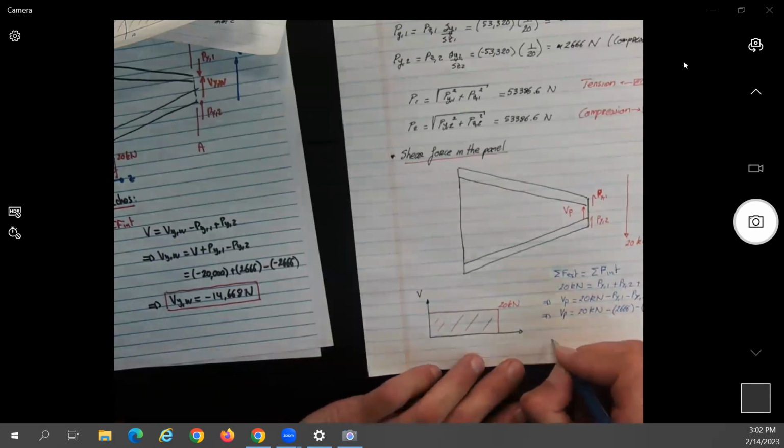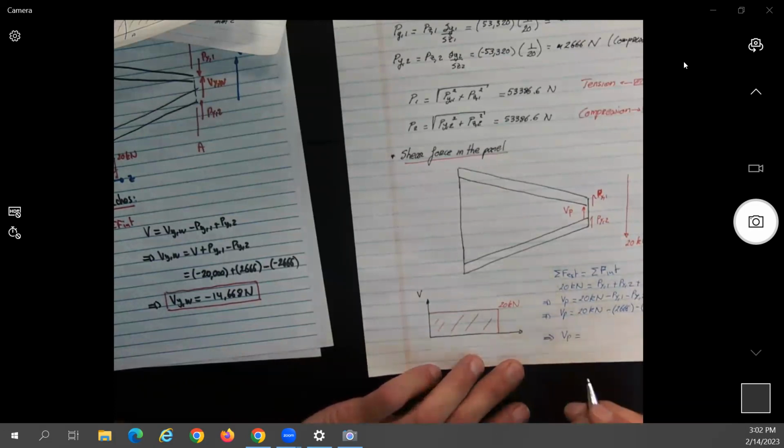So now if you do this calculation, the V, the shear force carried by the panel will be, I think it's 14,668 Newton.